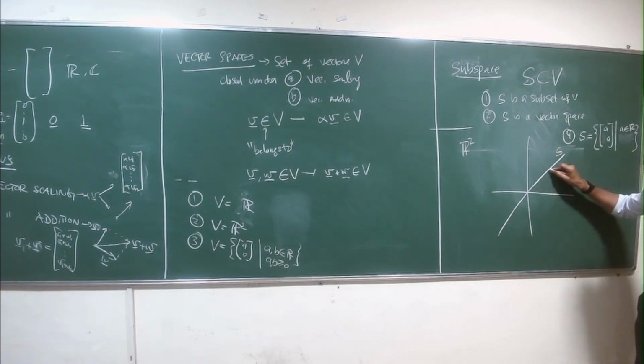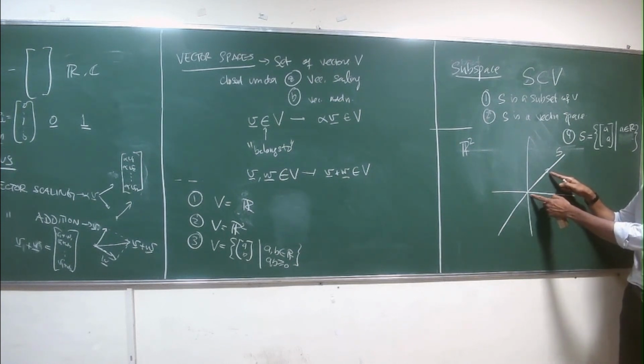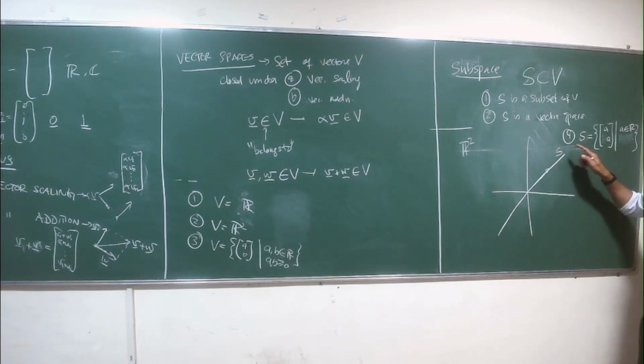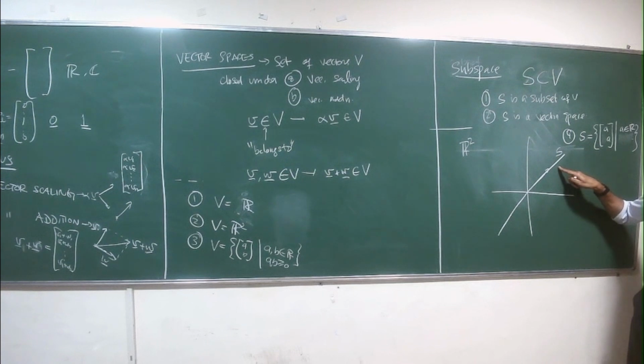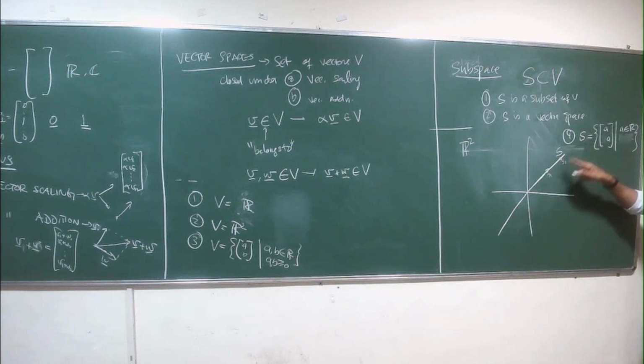If you take any point here, which is this vector, and you scale it, you don't change the direction. That means the new vector will actually lie on this line, so S is closed under vector scaling. Now, if I take two vectors, S1 and S2, and add them, I'll get another vector along this line. That means it's also closed under vector addition. So this particular form is in fact a subspace of R2.